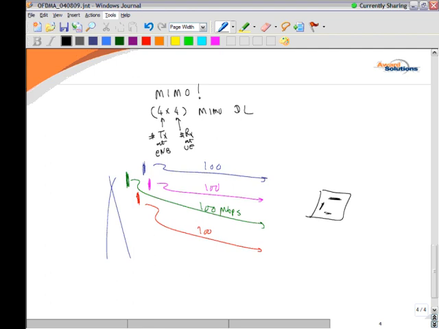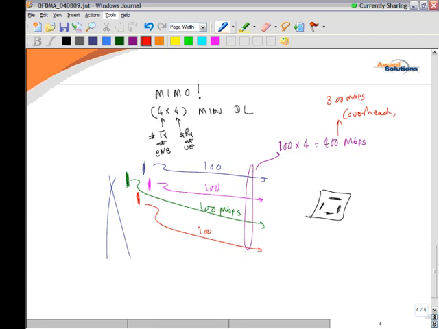Okay, and basically we are now getting 100 times 4, 400 megabits per second. Oh, but we do not need 400. We'll be happy with 300. It means then I can take care of some overhead.